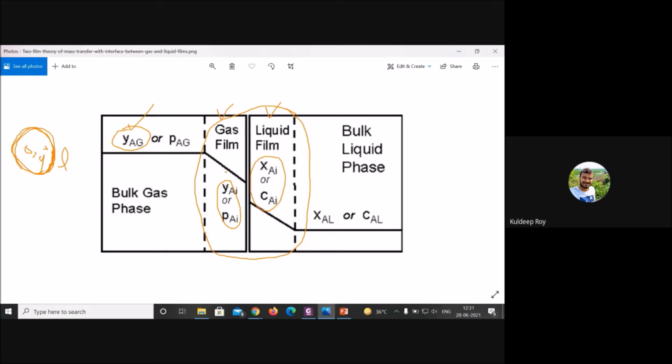And these films are, you can say, stagnant. Two terms just keep in your mind. We have discussed that at this particular region turbulence will be 0, here turbulence 0, and both the films, or you can say the interface, they will meet together. Gas and liquid will meet together.